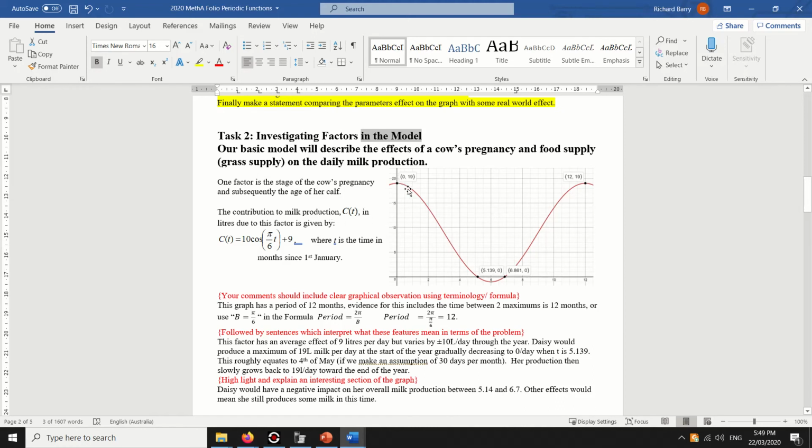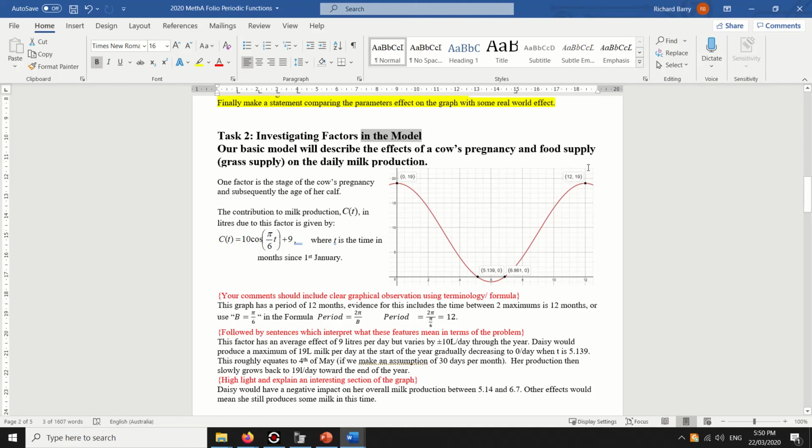The height of the graph would tell us at any particular time what the daily milk production is at that time. Now, the words I'm using here aren't like, oh, this graph is 19 high. It is that in December, this cow is making approximately 19 litres per day.